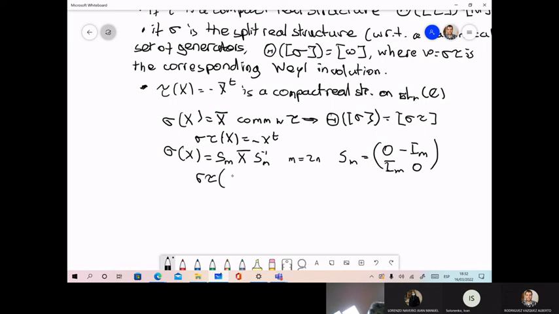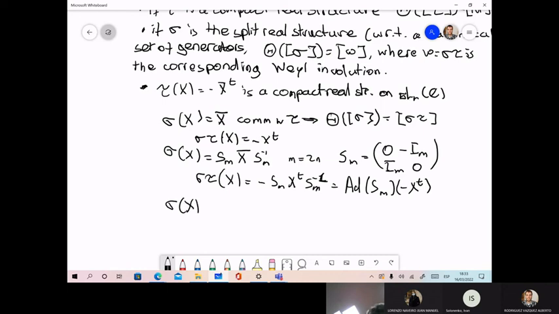Because then it's just taking its conjugacy class. This is just minus Sm x transpose Sm minus 1, just the adjoint representation of Sm acting on minus x transpose.